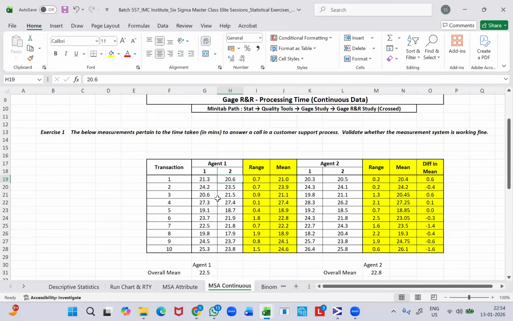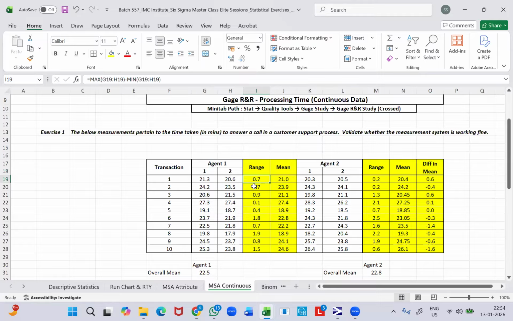So two measurement values are enough, as I told you, for us to calculate the repeatability variation. So we have agent 1 and agent 2. So we have two measurement values provided by each agent for a particular transaction, right? So now what I have done is I have actually calculated some descriptive statistics measures. So I have considered range.